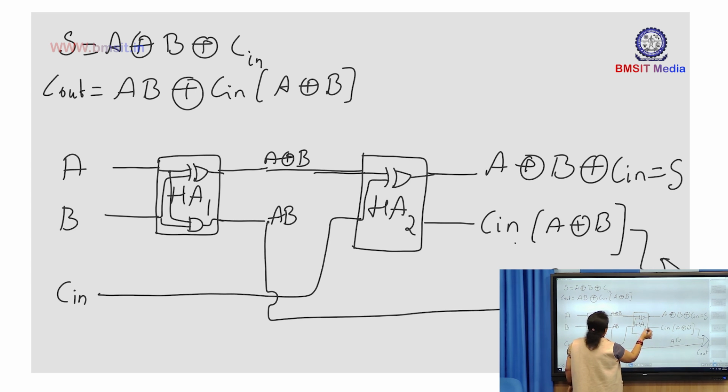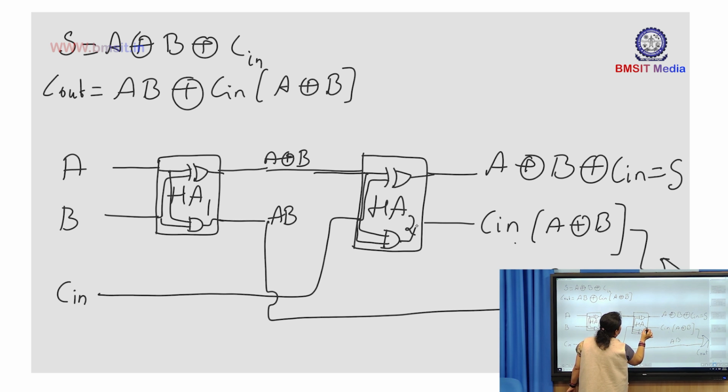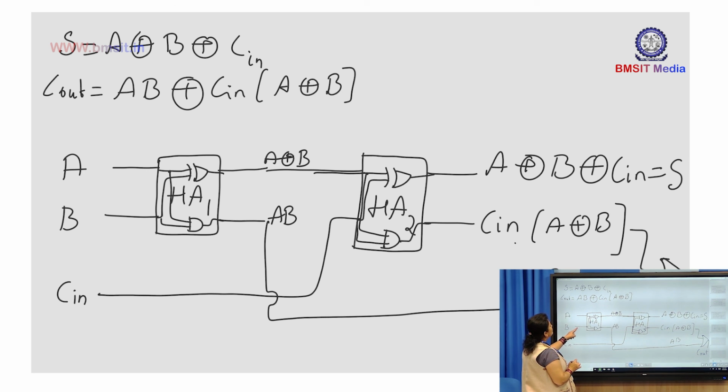And similarly, carry is nothing but AND of the inputs, right? So I will write an AND gate here. One of the inputs is this, and this is our second input. And the output of this AND gate is this. So we can modify the block using the gates also. So this is the complete implementation of full adder using half adder.